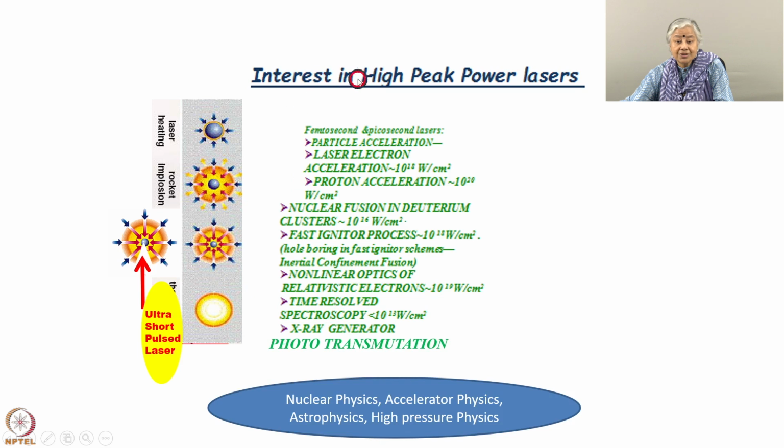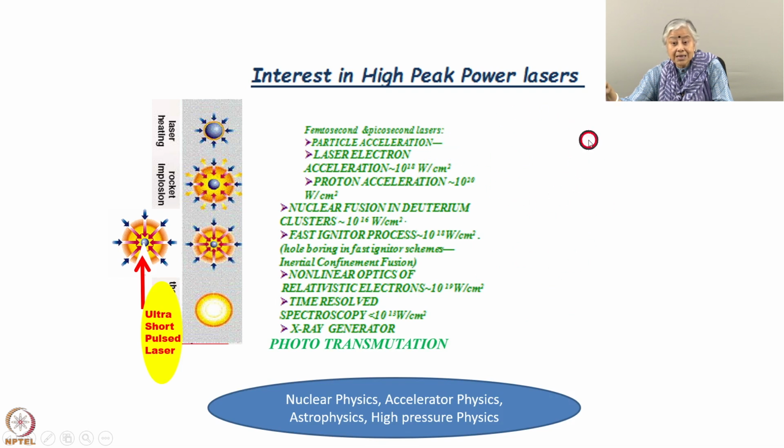Why do people have interest in high peak power lasers? Okay, you can get particle acceleration. Acceleration which takes place in huge accelerators, huge, which occupy a big space on your land, like CERN.